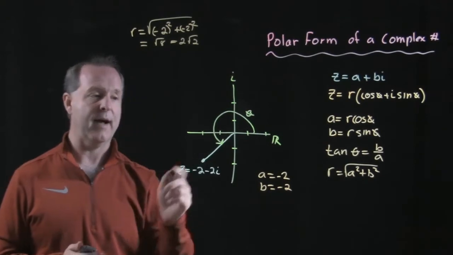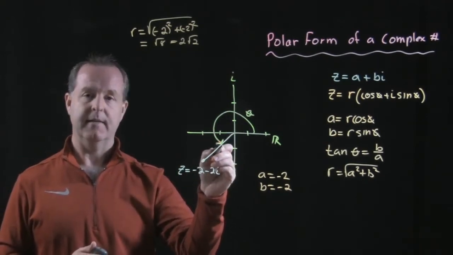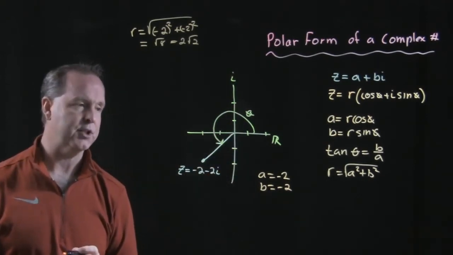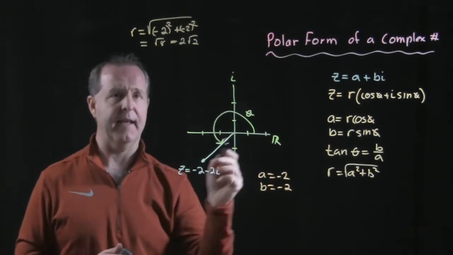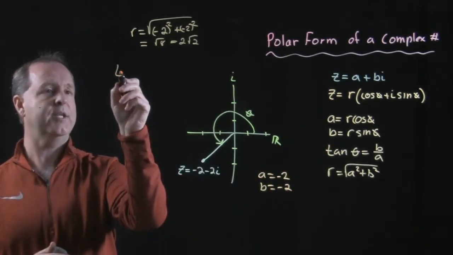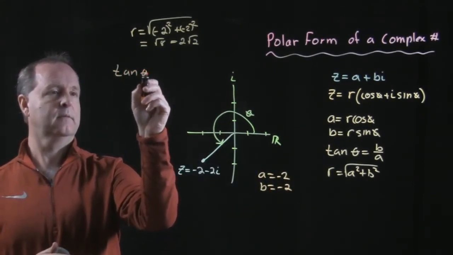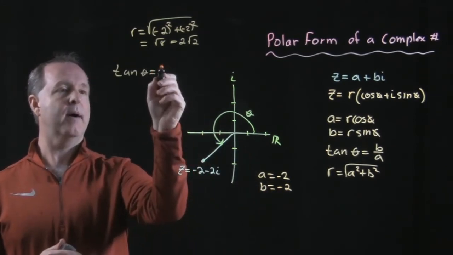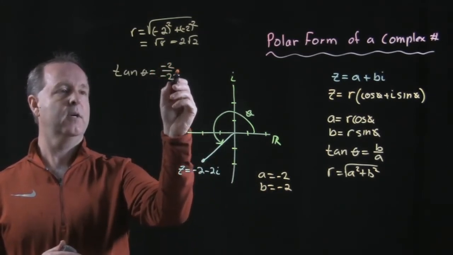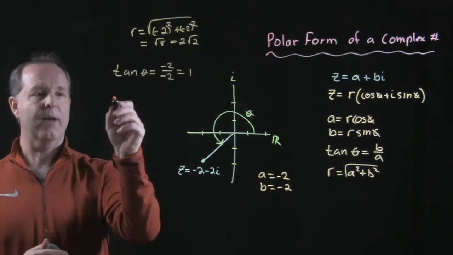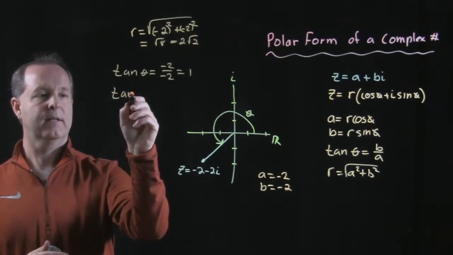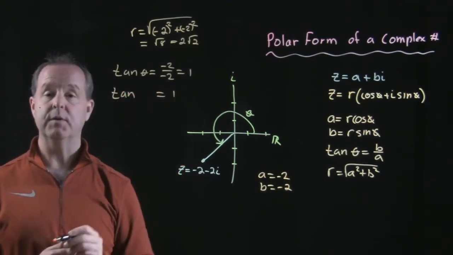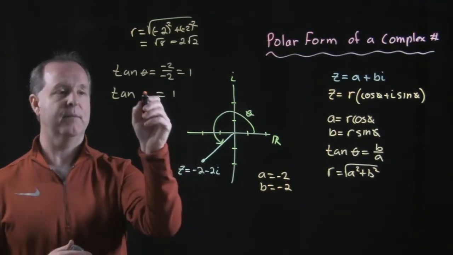Now we need to identify what theta is for that particular position. And I think the tangent of theta will be our best way. So the tangent of theta is b over a, so -2 over -2, which equals 1. And what angle has a tangent of 1? The tangent of pi fourths.